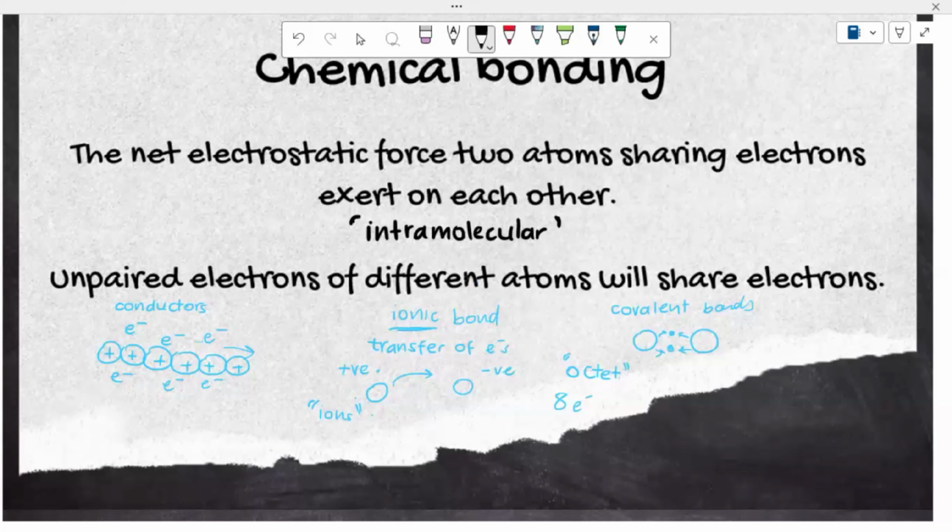We'll get to that later, but just remember that these chemical bonds are typically referred to as intra, which in biology and chemistry typically means within, right? So within something. So here, if we have a molecule, intramolecular bonds are the bonds within the molecule, as opposed to the bonds around it.